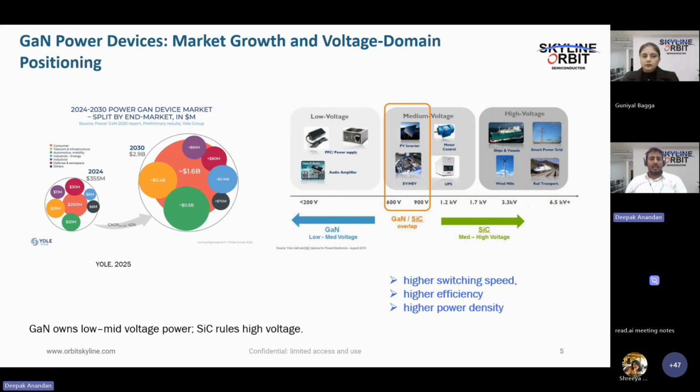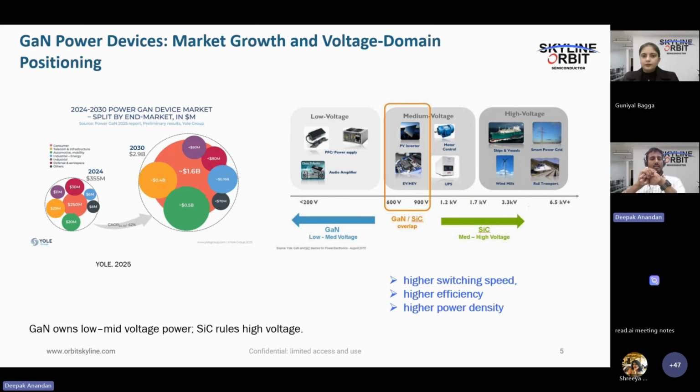Anything less than 900 volt, more than 600 volt, is called overlapping. This is the most dominant domain right now in the EV sector as well as the PV inverter sector.